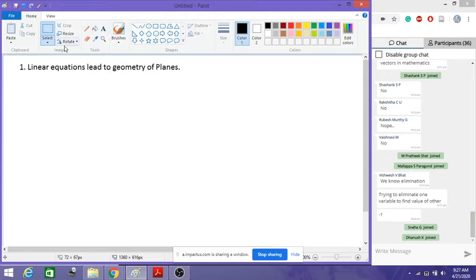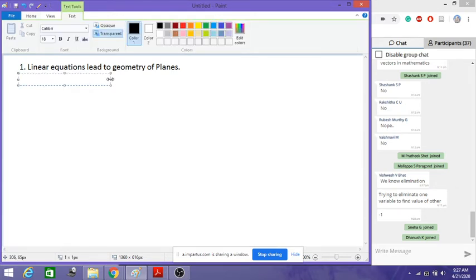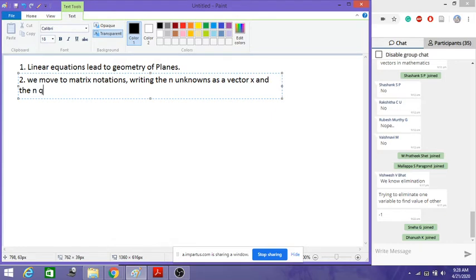Then the second point is: we move to matrix notation by writing the n unknowns as a vector x, and the n equations as Ax equal to b.